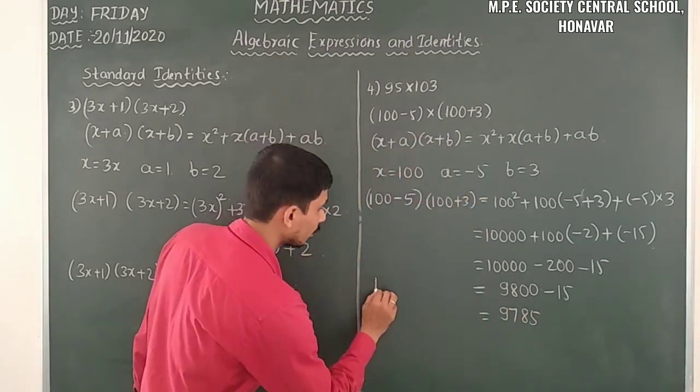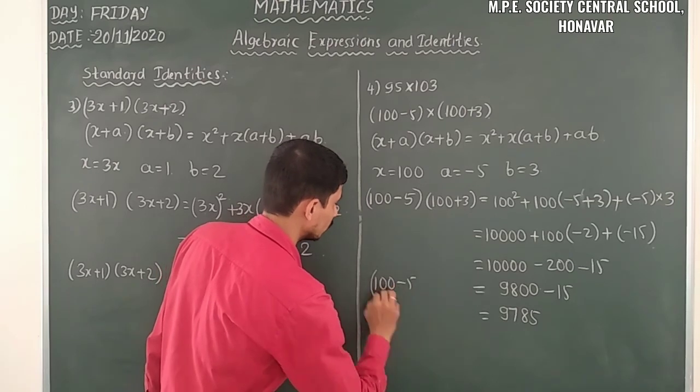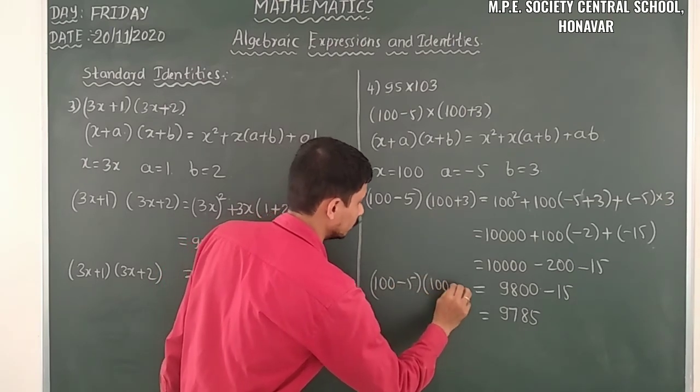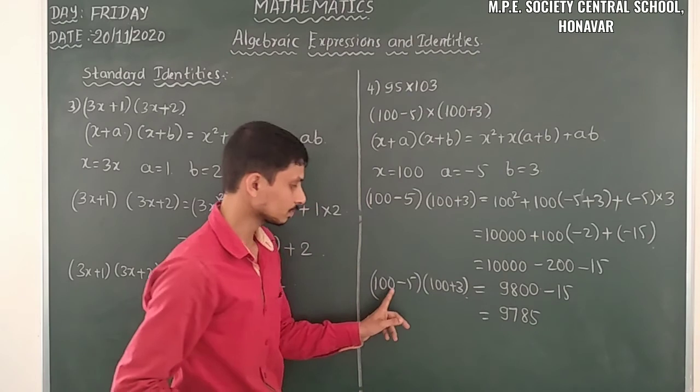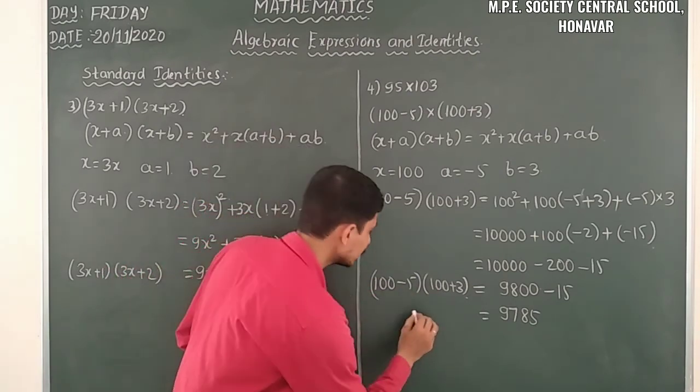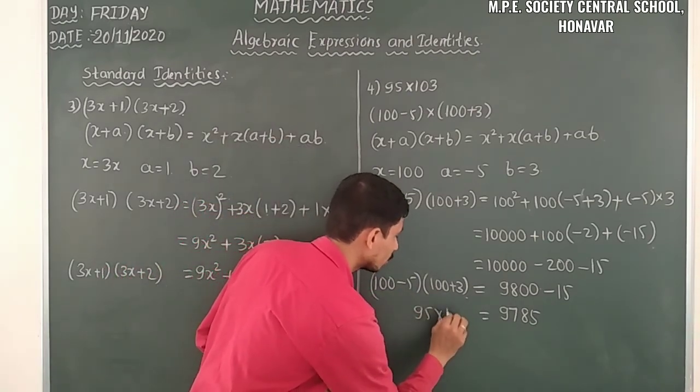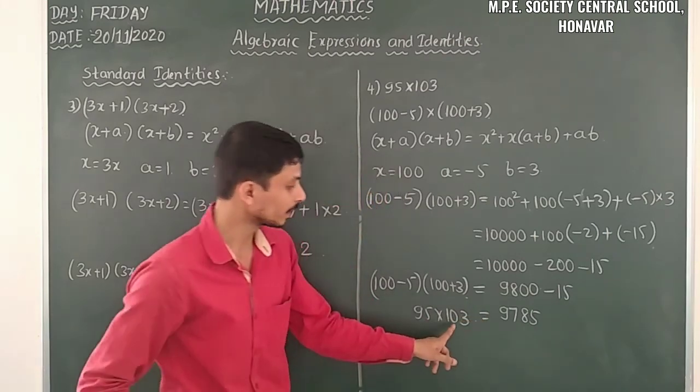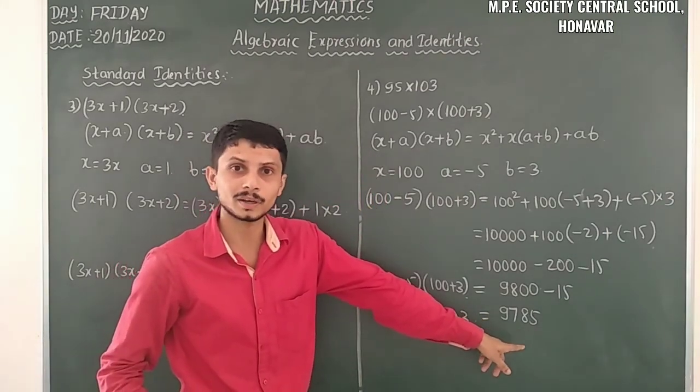That means here we have 100 minus 5 into 100 plus 3, which means 95 into 103. So 95 into 103 is 9,785.